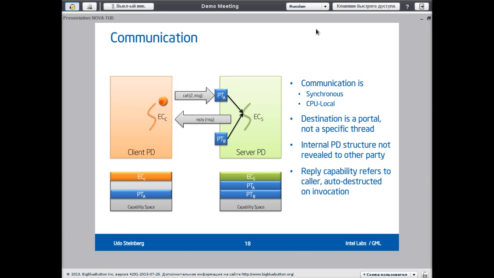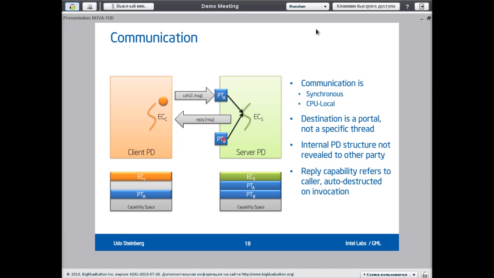It's kind of like a time slice. On the server side, we have also created an execution context. That one does not have a time slice, so it cannot run because it doesn't have any time. But there's a capability for it, and the server has created two portals, portals A and B, that refer to different services that the server is implementing.